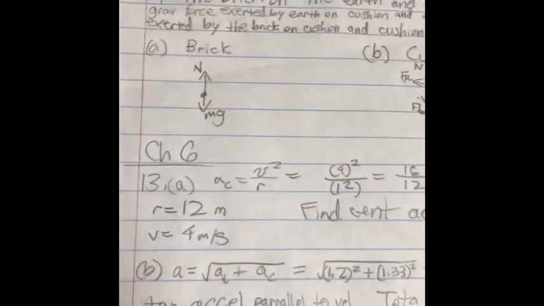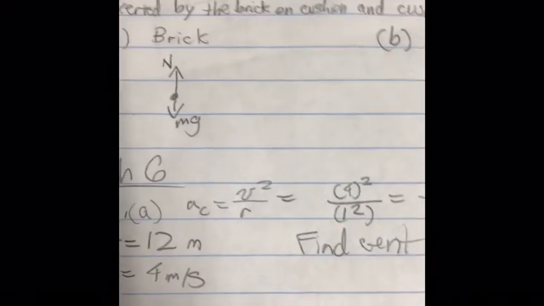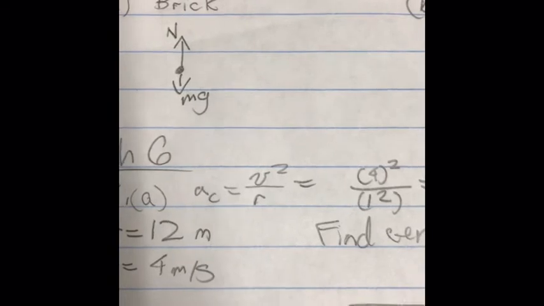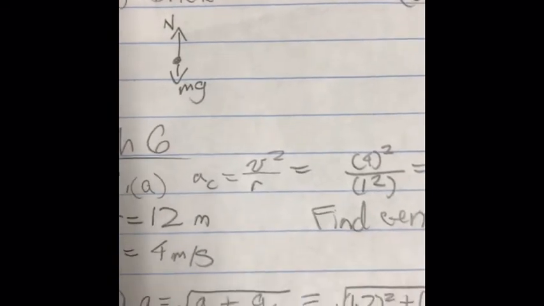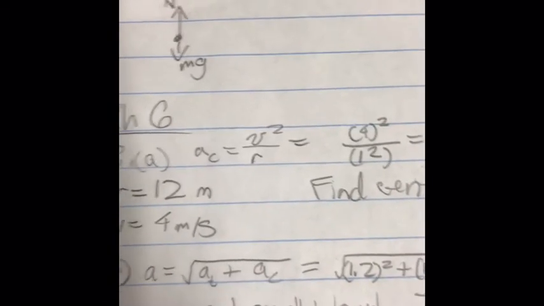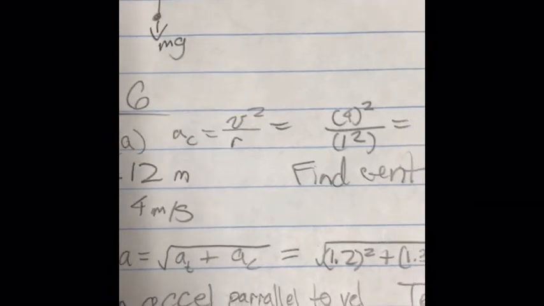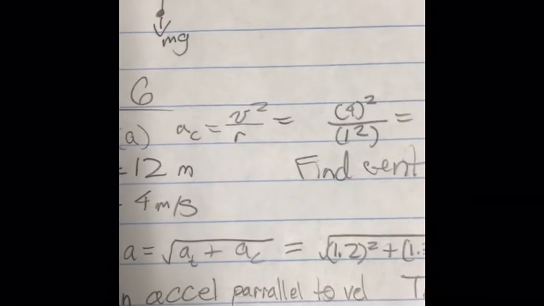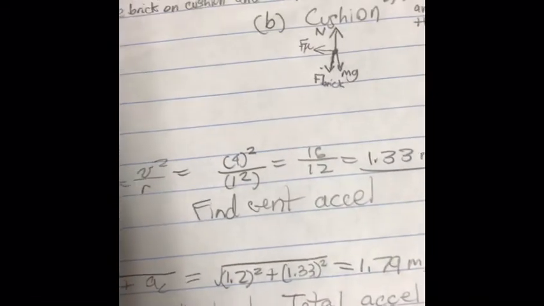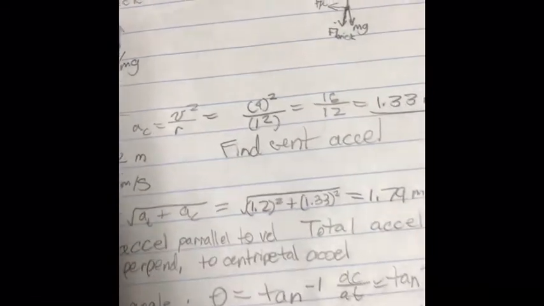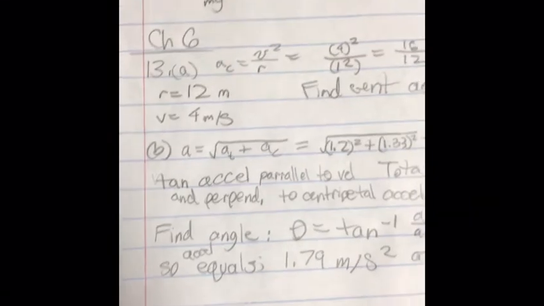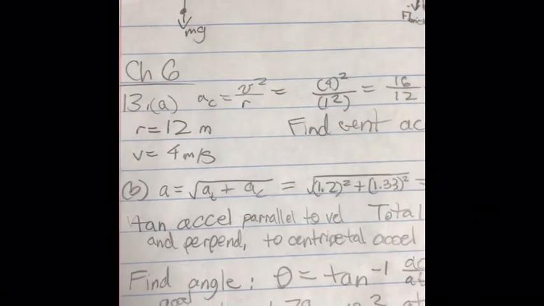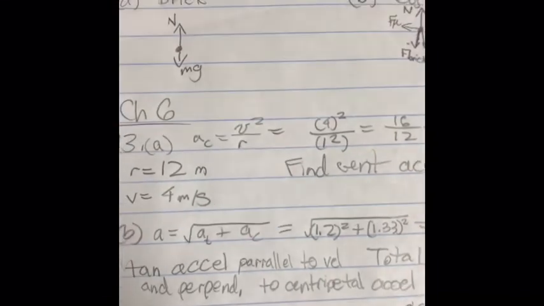And then for B, we were asked: it continues to fly along the same horizontal arc, but its speed increases at the rate of 1.2 meters per second squared. Find the acceleration, magnitude and direction, in this situation, at the moment the hawk's speed is 4 meters per second. So I used the Pythagorean theorem with the tangential acceleration and the centripetal acceleration.